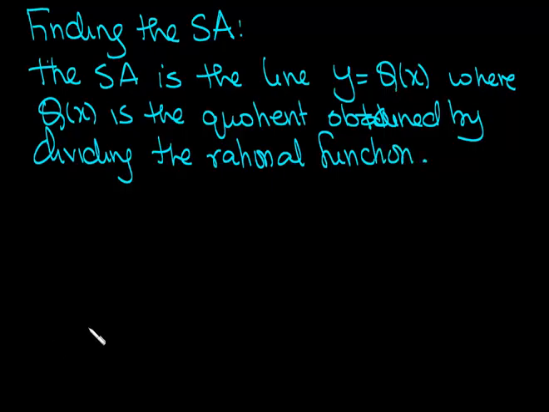A rational function has a numerator and a denominator, a polynomial on the top and the bottom. So if you divide the polynomial on the top by the one in the denominator, you'll get a quotient, and that quotient is your slant asymptote.